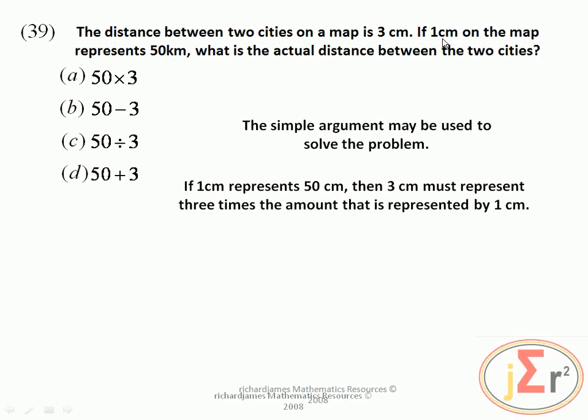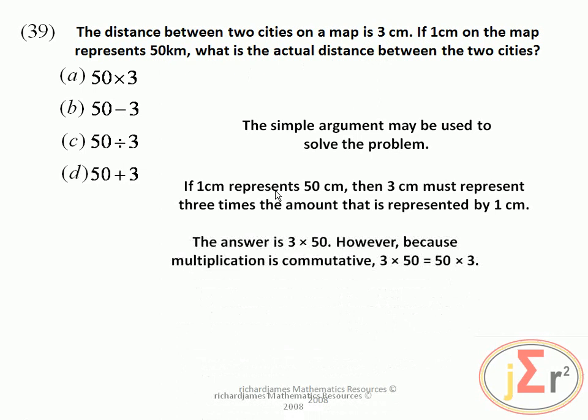Therefore, 3 centimeters will represent 3 times 50. The answer is 3 multiplied by 50. However, because the multiplication is commutative, 3 multiplied by 50 is equal to 50 multiplied by 3. The correct answer is option A.